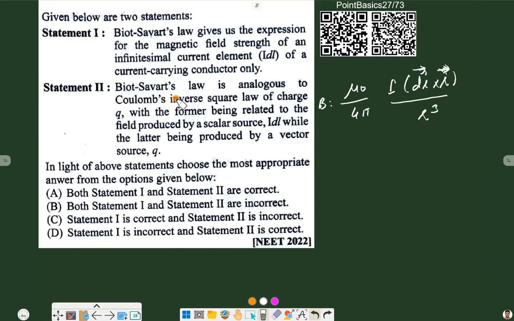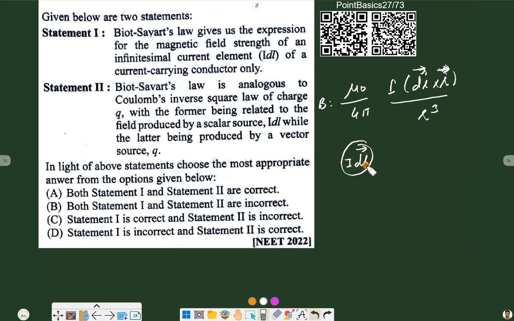But in statement 2, it is mentioned that Biot-Savart law is due to the scalar I dl, and Coulomb's law is due to a vector source, that is charge. We know that charge is not a vector, charge is a scalar, whereas here I dl is actually considered to be a vector because we take direction in this length.